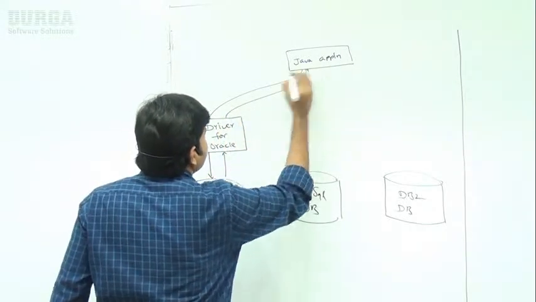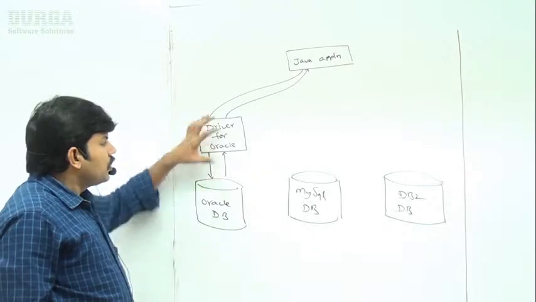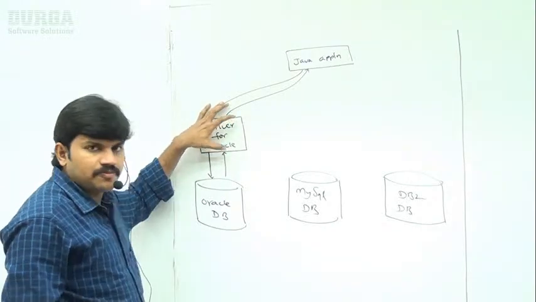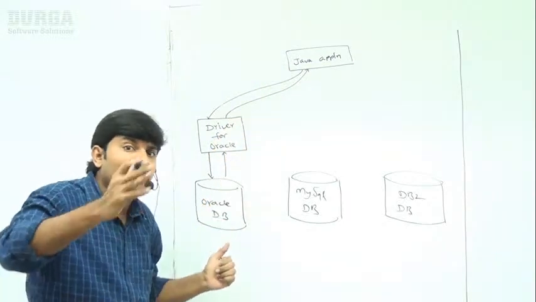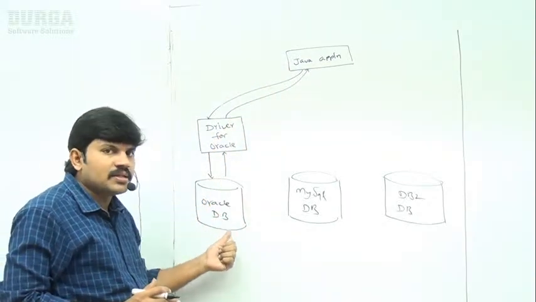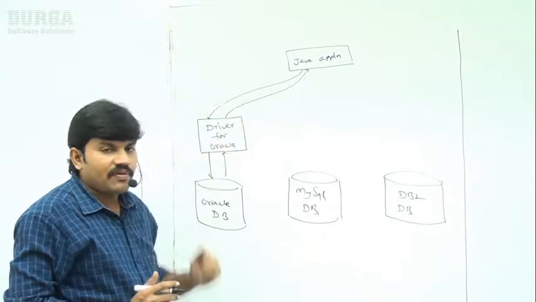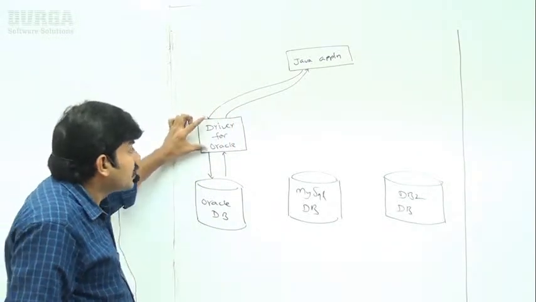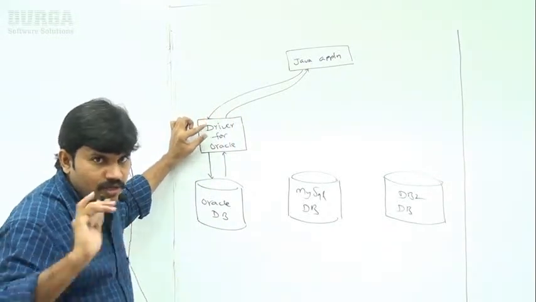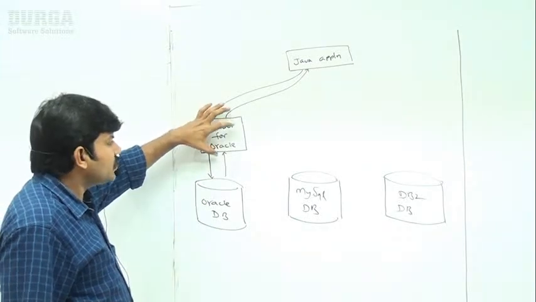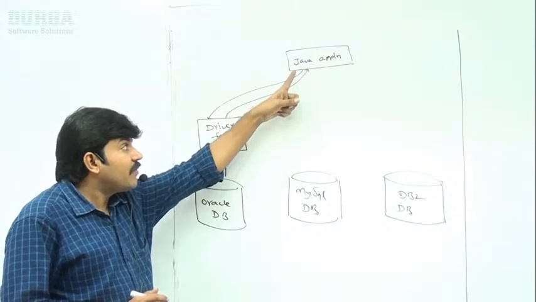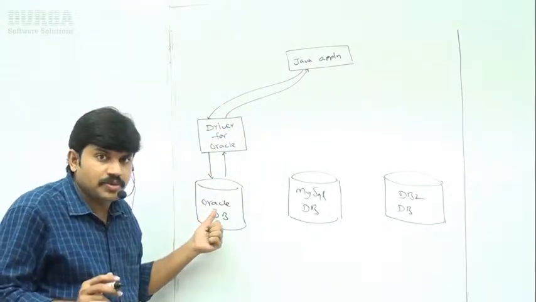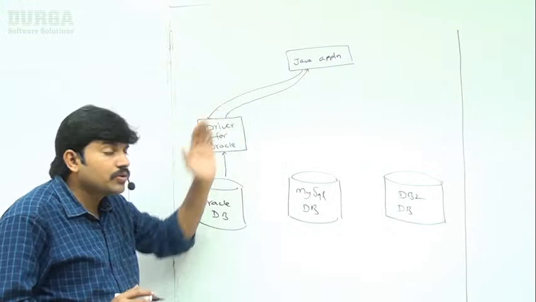Remember this one, sir. Who is responsible to convert Java calls into database specific calls, and database specific calls into Java calls? The driver software is responsible, right? If I use a driver for Oracle, this driver converts Java calls into Oracle specific calls and Oracle specific calls into Java calls.